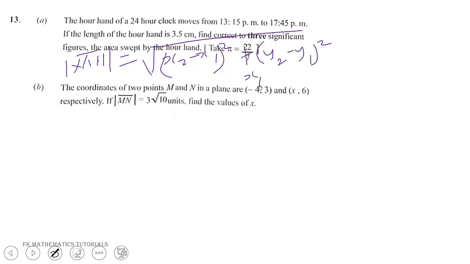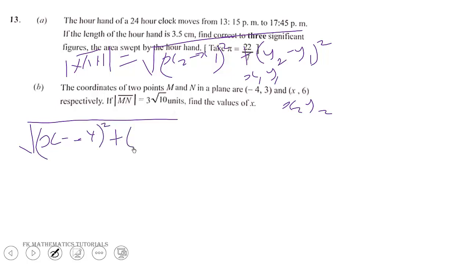If this is x1, y1, and this is x2, y2, then we will have the magnitude of MN equal to the square root of (x2, which is x, minus x1, which is -4) all squared, added to (y2, which is 6, minus 3) all squared, is equal to 3 root 10. So you get (x plus 4) all squared.